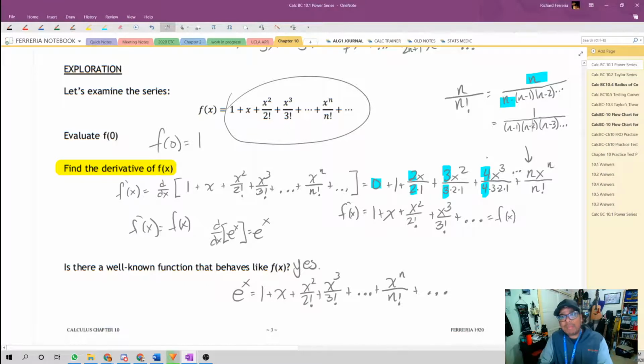And that's the same thing as 1 over n minus 1, n minus 2, n minus 3, etc. And that gives me the simplification n over n factorial is 1 over n minus 1 factorial. You're going to need to do those kinds of simplifications eventually.